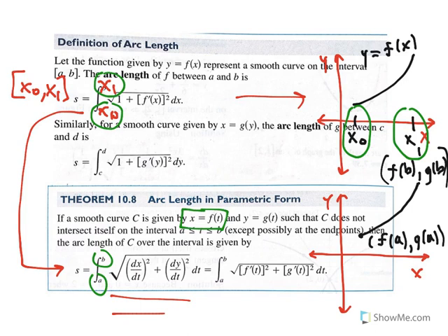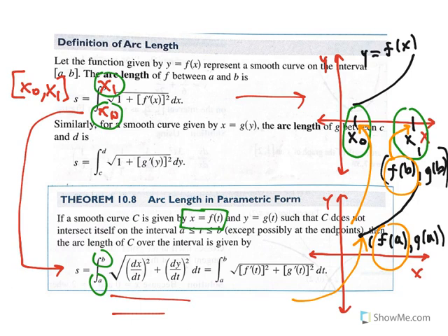If you look at our diagram here, we have a point where the x-coordinate is f of a, and that would correspond to x naught from section 7.4. The other endpoint of our curve is f of b, and that would correspond to x sub 1 from section 7.4.